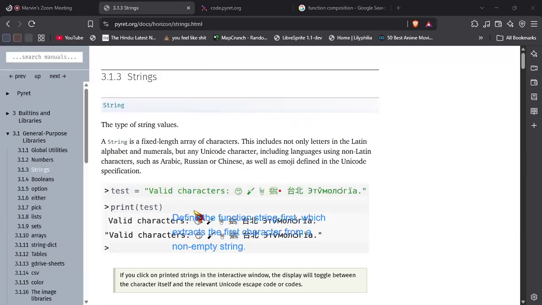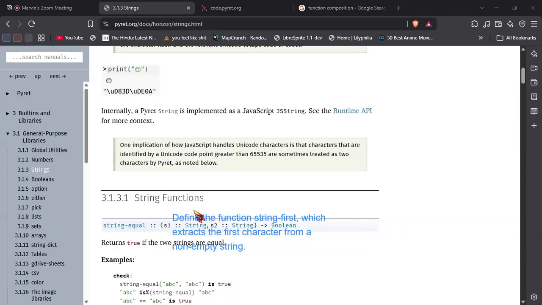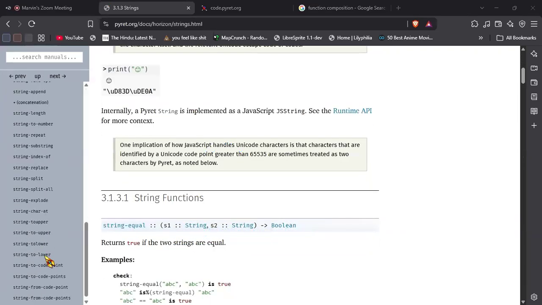Perfect. Now let me clear the page so you can see it. So there are two functions here that can help you. One that is slightly better than the other. Let's see if you can find it.